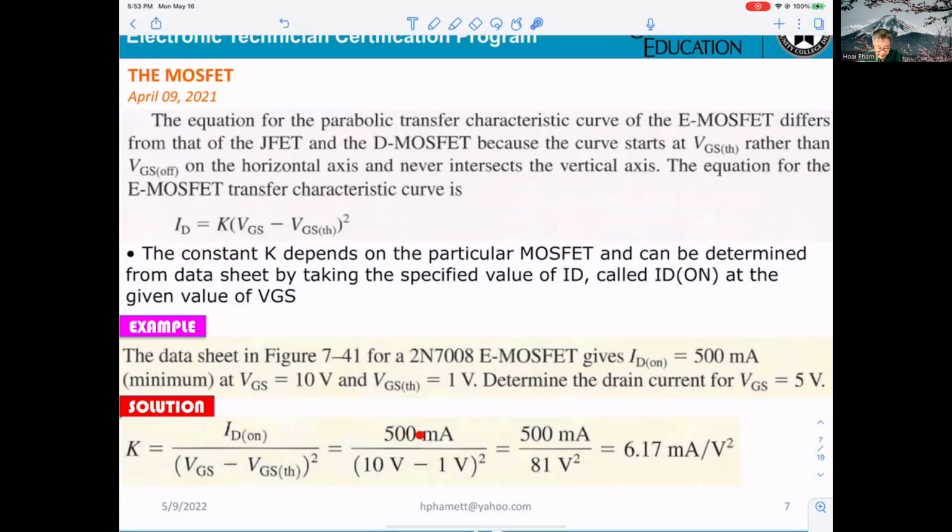There will be 500 milliamp over VGS, which is 10 volt, that's what they gave you right here, minus 1 volt, squared. That gives you 6.17 milliamp per volt squared. So you see the calculation for an E-MOSFET is quite different.